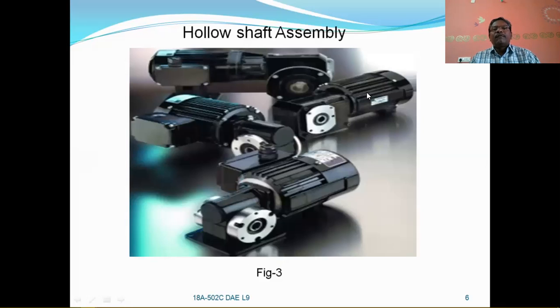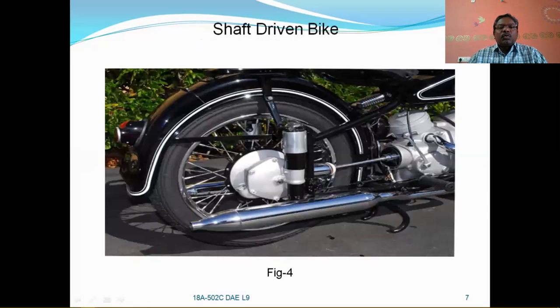In a hollow shaft assembly, here this may be the electrical motor. In electrical motors also, we are going to use shafts, and also in bikes.